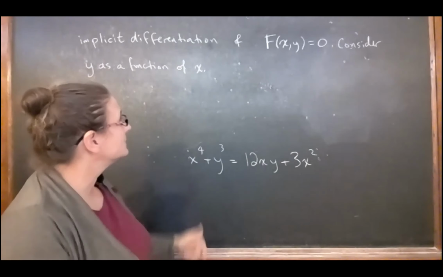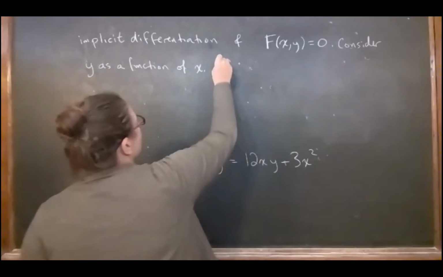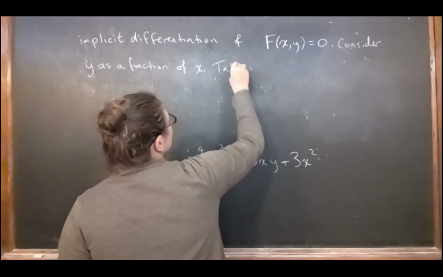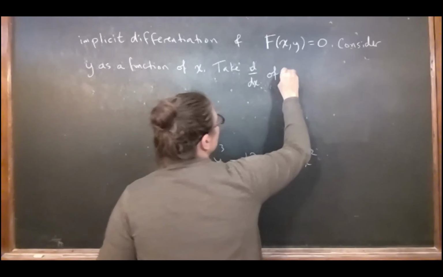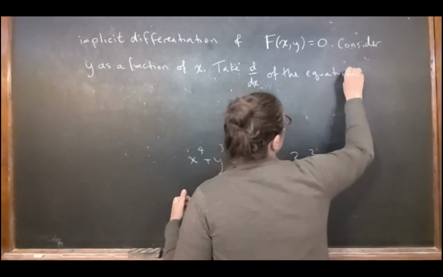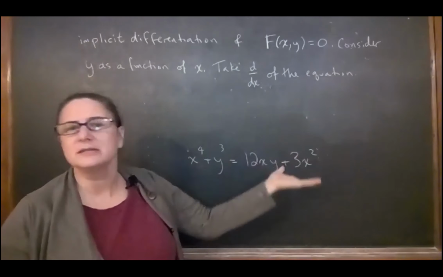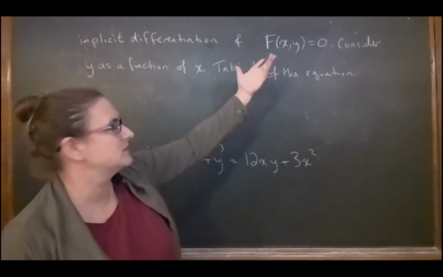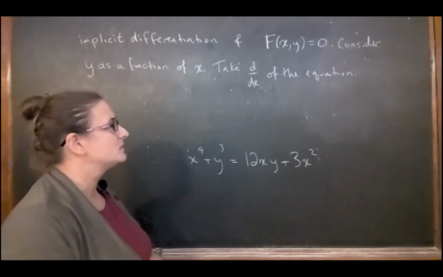And then in order to take the derivative, I'm going to take the derivative with respect to x. So I'm going to take d dx of the equation. You're going to take d dx of both sides of the equation, but if it's 0, it's 0, right? So here I'm going to take the derivative with respect to x of both sides.